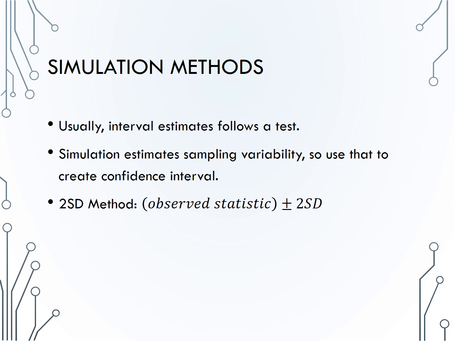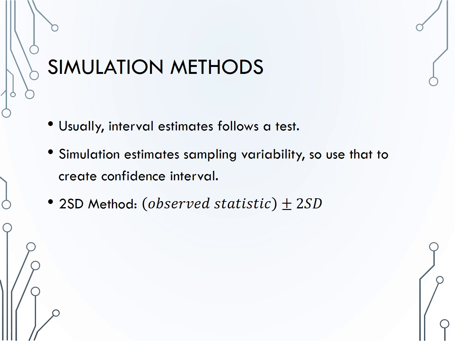We'll learn two methods for creating confidence intervals. The first is through simulation. Typically, a confidence interval will be created after a hypothesis test was conducted. In a hypothesis test, we simulate many samples and plot the statistics from those samples, assuming the null hypothesis is true.